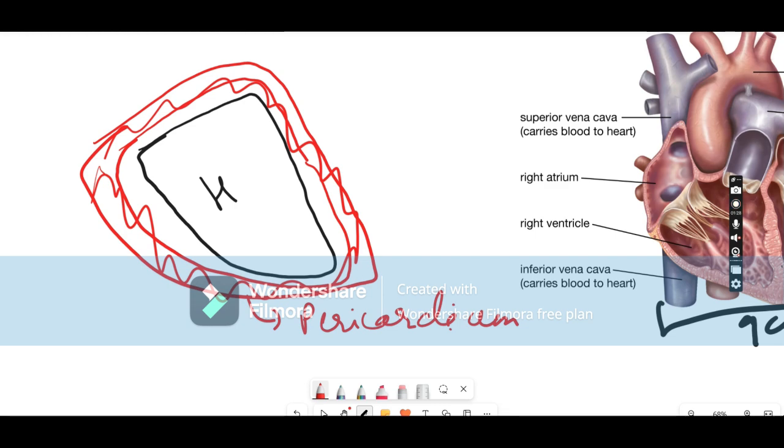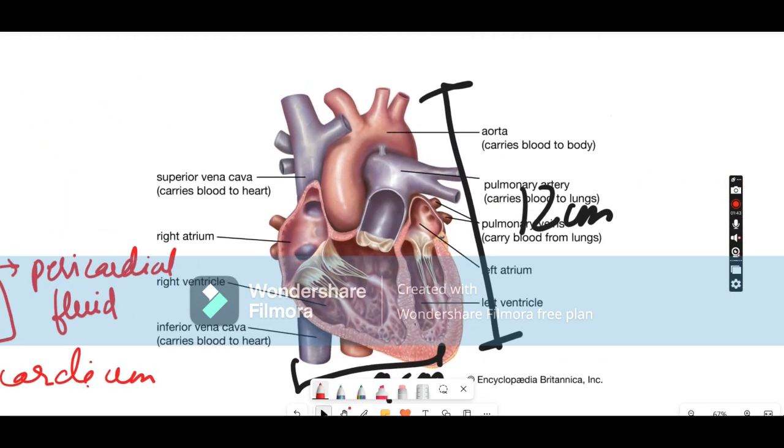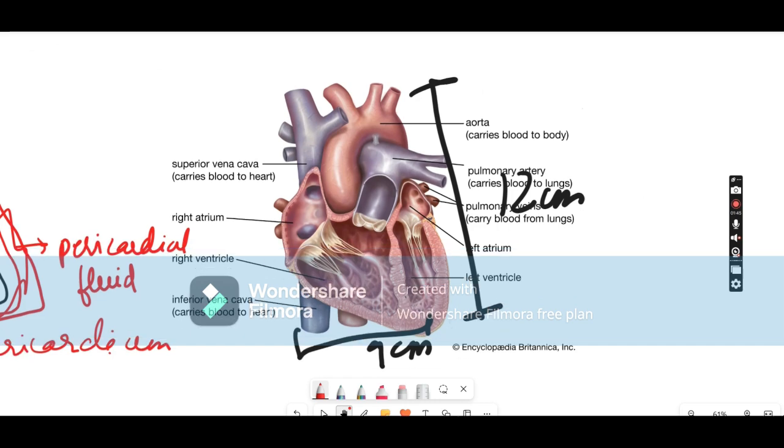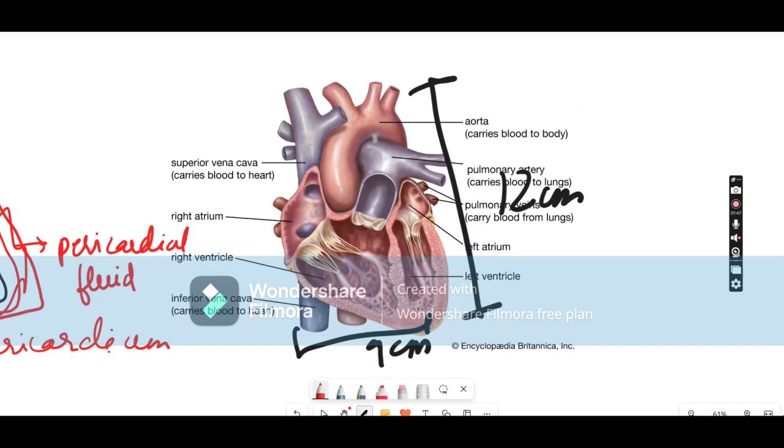Now this pericardial layer is filled with a fluid, which is again called pericardial fluid. Okay, now what is the function of this pericardial fluid? The function is that this heart is working throughout your lives. There's a lot of contraction and relaxation of muscles without stopping.